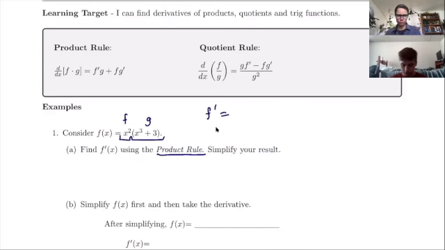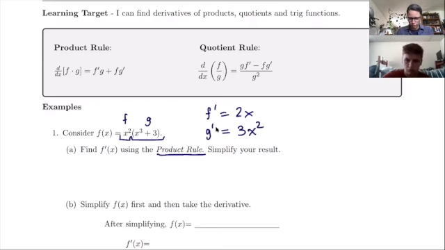Let me know in the chat window. If f is x squared, what is f prime? Okay, awesome. By the power rule, you just say 2x. If g is x cubed plus 3, what is g prime? Let me know in the chat window. Yep, great, 3x squared.